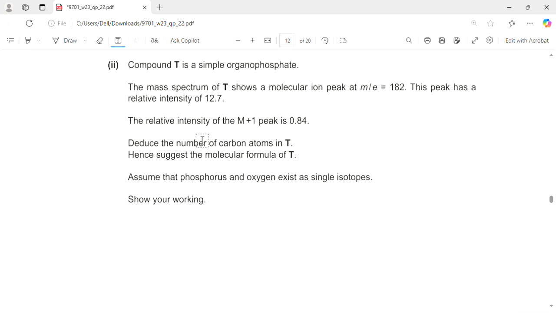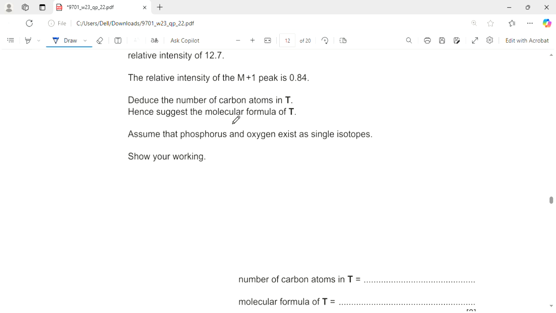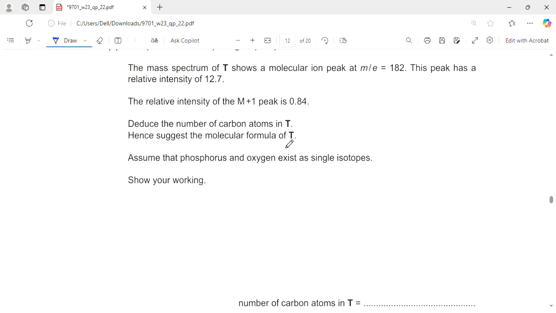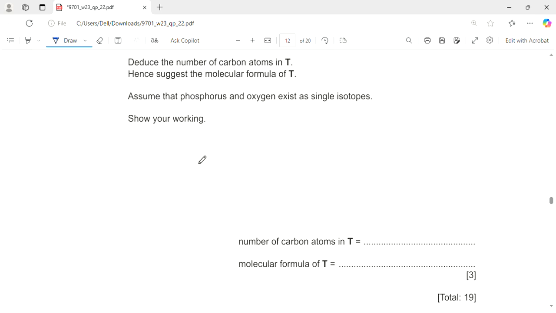The relative intensity of the plus one peak is 0.84. Deduce the number of carbon atoms in T and suggest the formula of T. Assume the phosphorus and oxygen exist as single isotopes. So we use 0.84 upon 12.7.